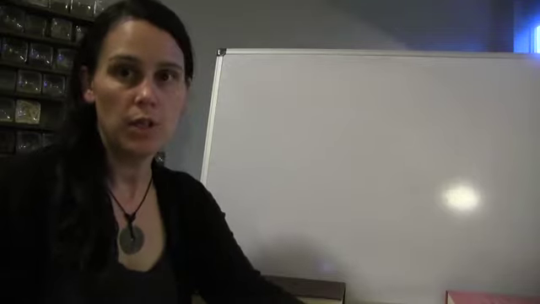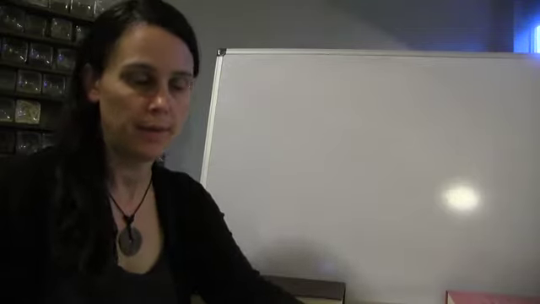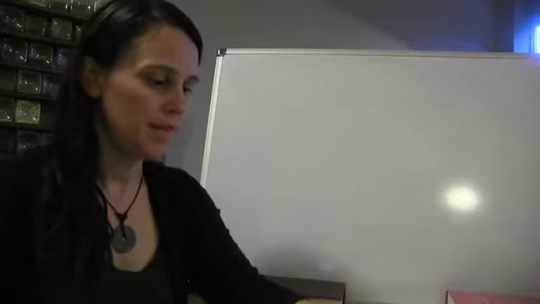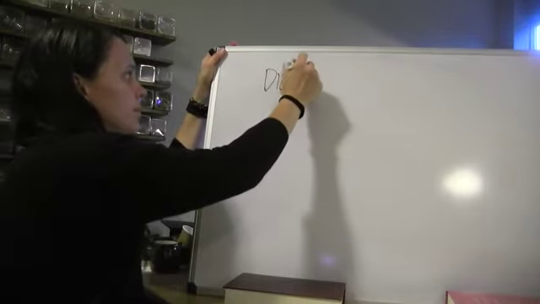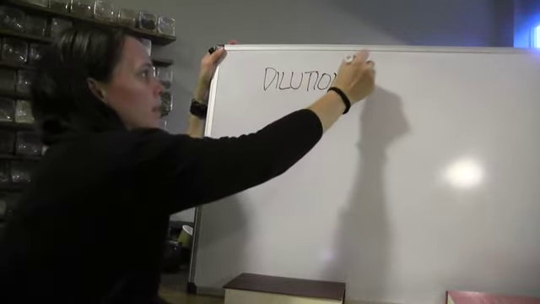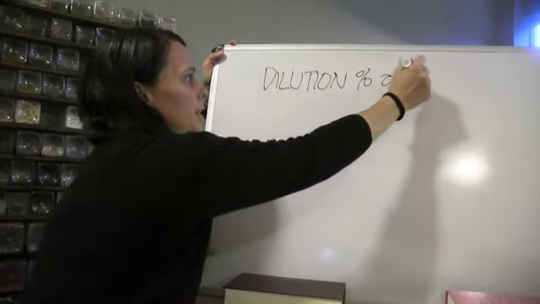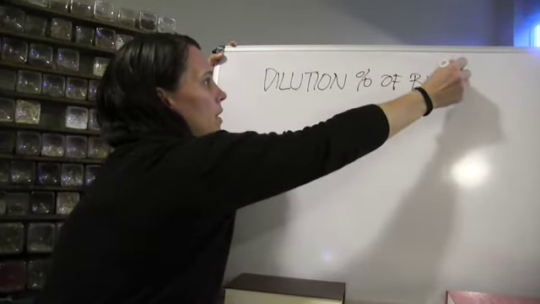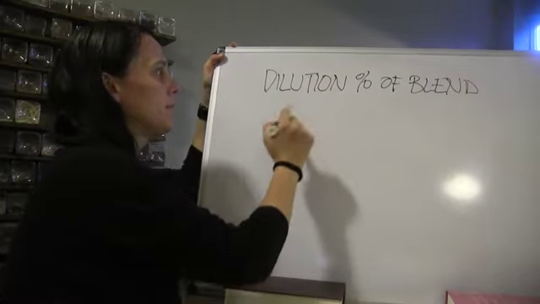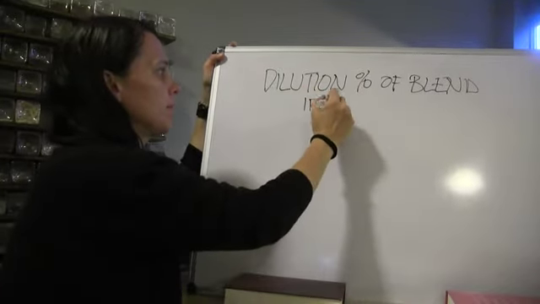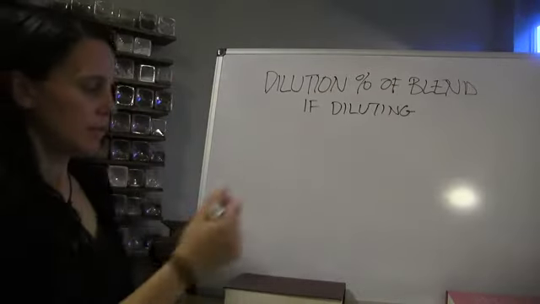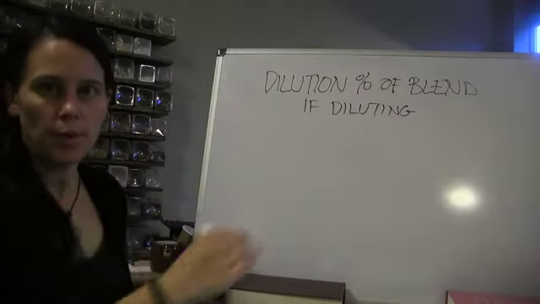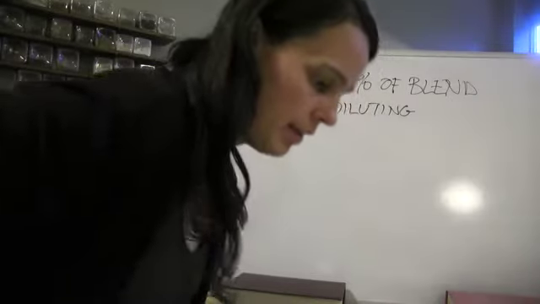And now you need to consider the dilution percentage for your blend. And this is very simple math. Dilution percentage of the blend as a whole, and this is if you are diluting. If you're not diluting, you just figure out what percentage each oil is and go from there.